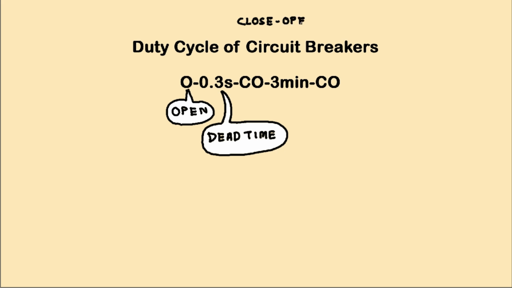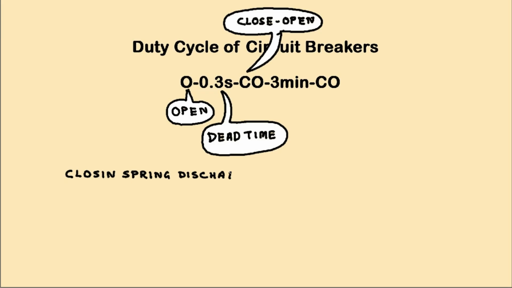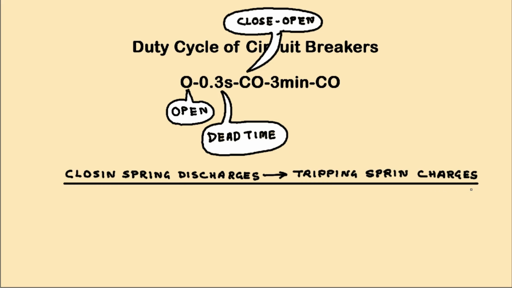If the fault still persists, the breaker will trip immediately. Now, when the breaker closes, the closing spring discharges. As it is mechanically linked to the tripping spring, part of the energy from the closing spring is used to recharge the tripping spring. Immediately after that, the tripping spring discharges to trip the circuit breaker again.